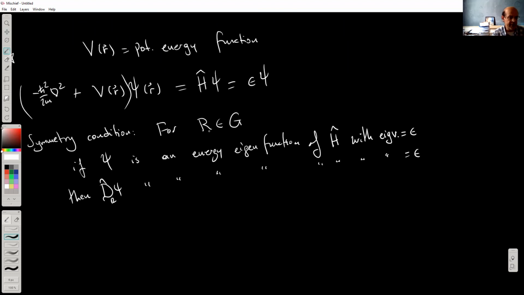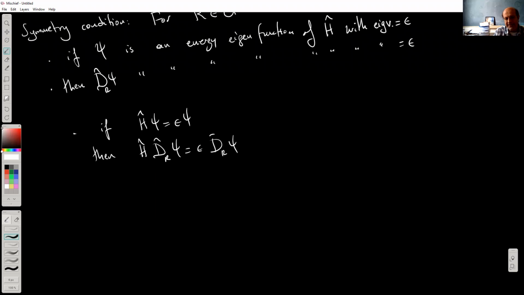It doesn't tell us whether this other function is the same as the original function or different. It can be anything, right? So let's state it mathematically. If H applied on psi is equal to epsilon psi, then H applied on dr psi is equal to epsilon dr psi.